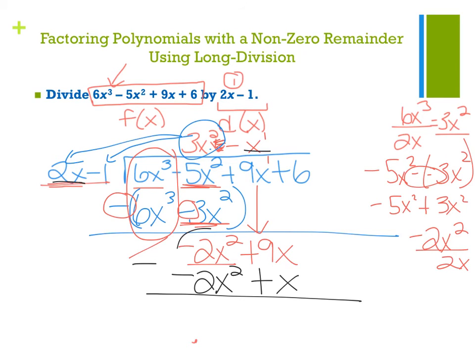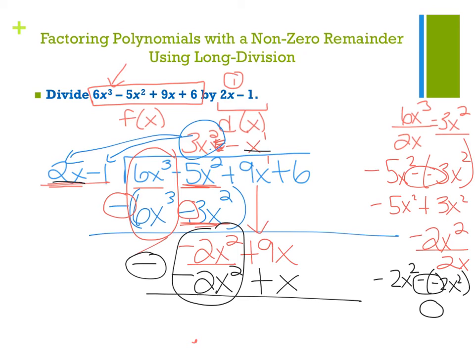You might look at this column and think they're not going to cancel because they're both negative. However, if I take negative 2x squared minus another negative 2x squared, these two negatives become a positive, and we end up with 0 there. And then I have 9x minus x, which gives me positive 8x.